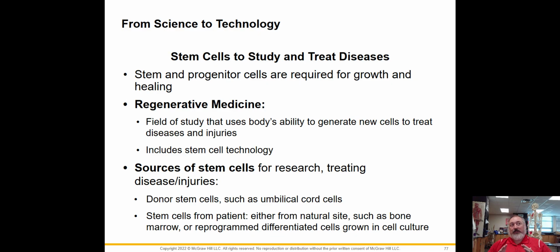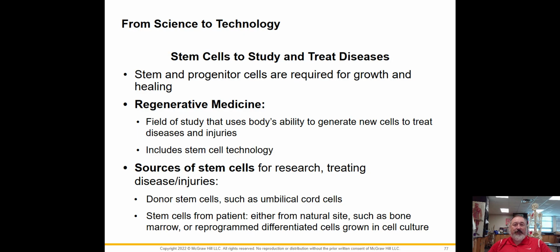Stem cell research has the promise of maybe correcting some of these things that we used to say we can't fix. Our body can't. But now with stem cells, we can introduce cells that can become the broken cell type.